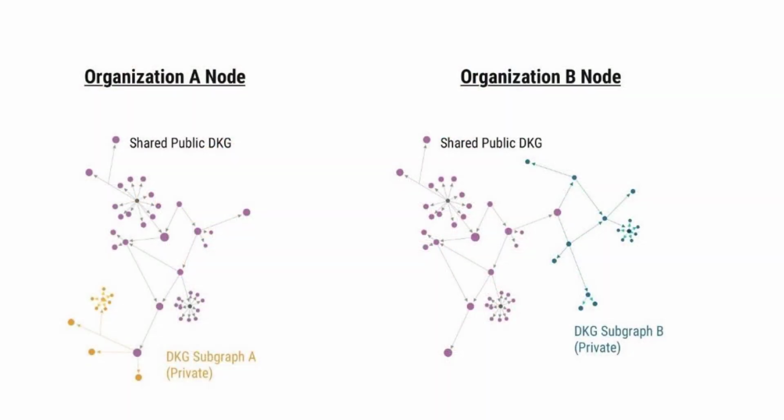So if I provide data to the network, I connect my subgraph, my database, my network to the ODN. My network then becomes a subgraph of the ODN, by which if you have the right cryptographic credentials to access my subgraph, my section of the network, you can do so.